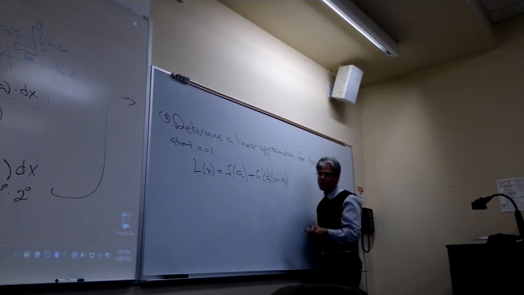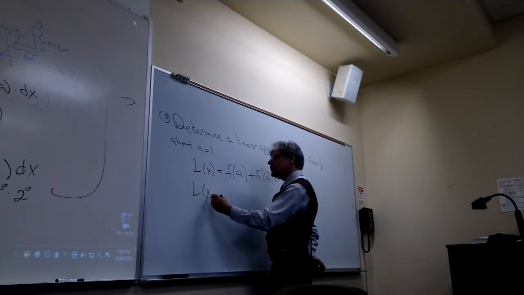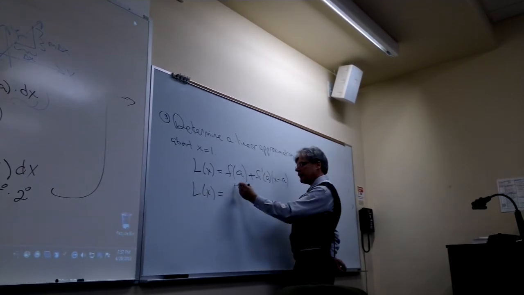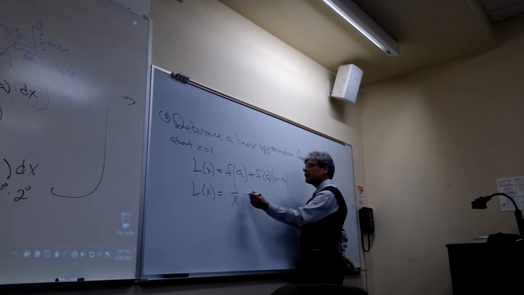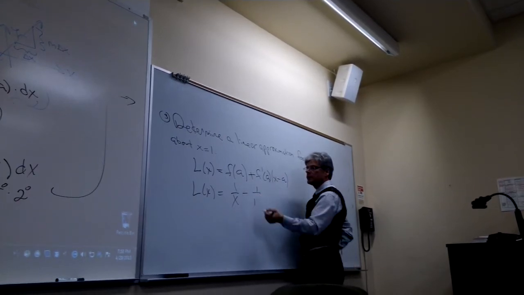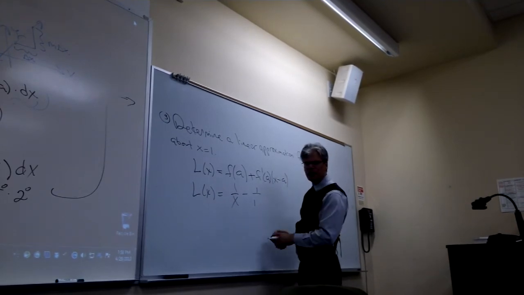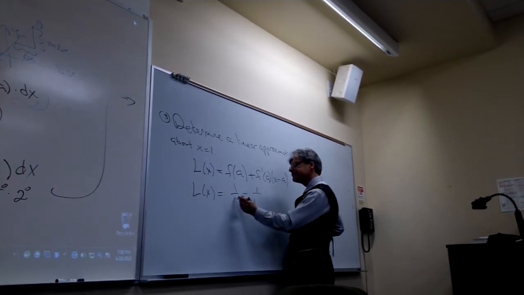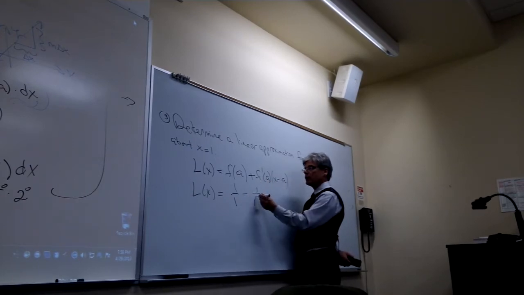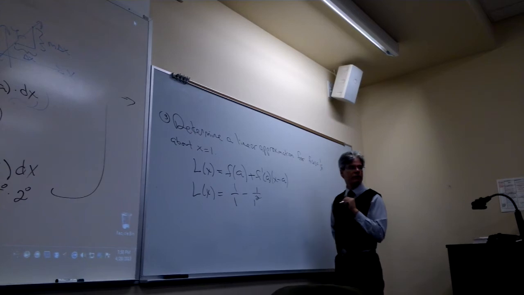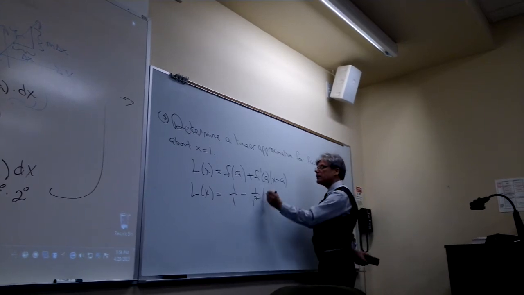Let's give it a shot. So my linear approximation is going to be my f evaluated at a, which is 1, plus my f prime of a, which is nothing more than negative 1 over x squared, so negative 1 over a squared, times my x minus a.